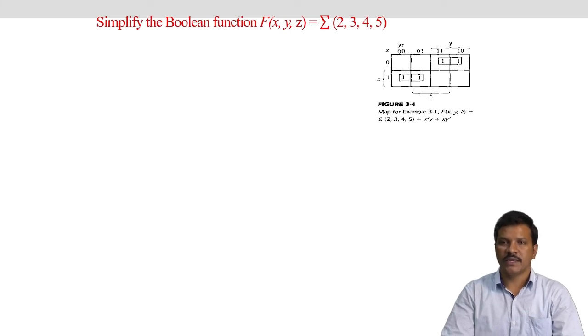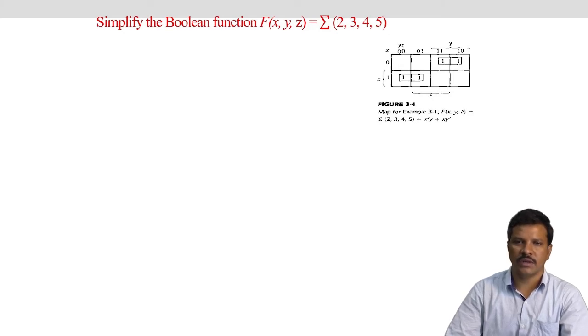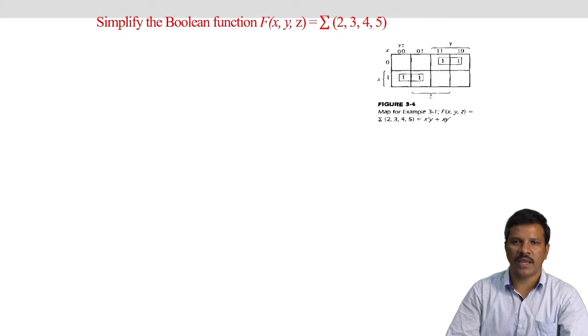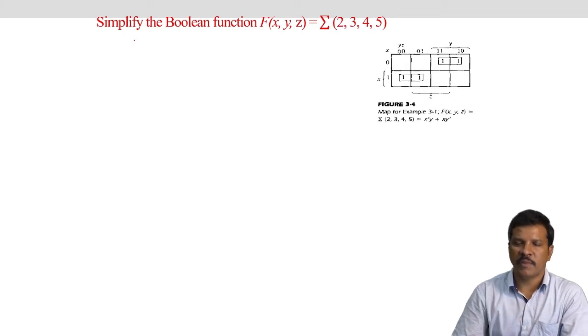In this case, we can see one simple example. This example will help us understand how to place those minterms in the K-map and how to minimize by following those shapes like pair, quad and rectangle. The Boolean function can be represented in many ways.